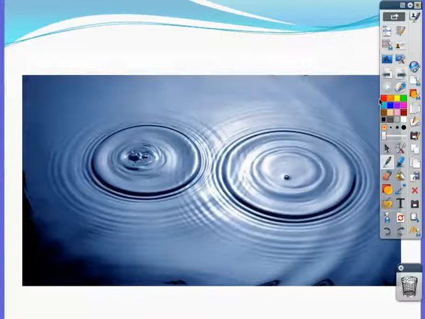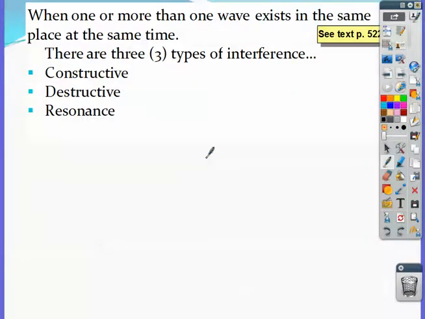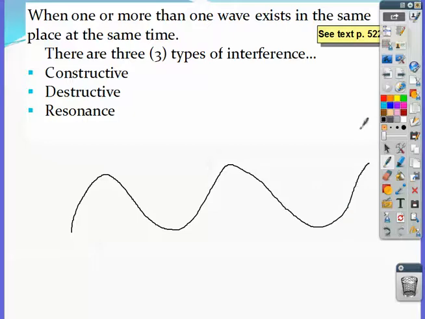The last thing we have here is called interference, and it's when 2 different waves are in the same exact location at the same time. There are 3 different types you need to be aware of: constructive, destructive, and resonance. Constructive is when you have 2 waves, like say this is wave 1, and then you have a second wave. Let's call this wave 2, and parts are overlapping.